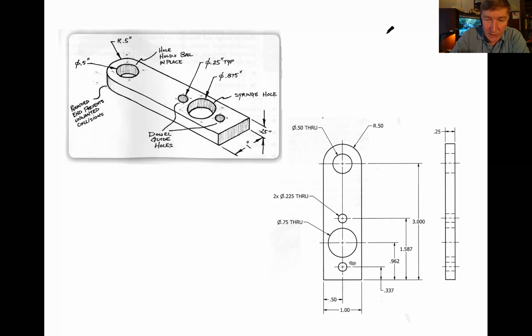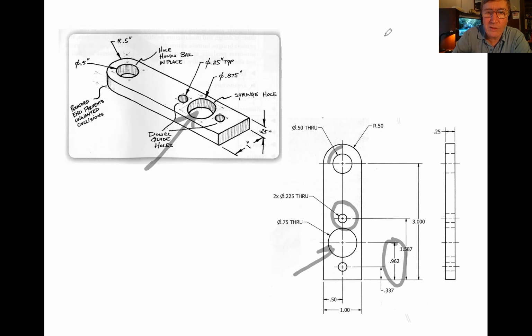They know that this little hole that you see right there, that's this guy here. They can see that the center of that hole is 0.337 inches from that lower edge. And then they know that the bigger hole right here, the center of that bigger hole is 0.962 inches from that lower edge.